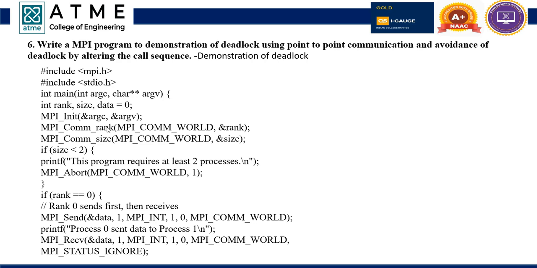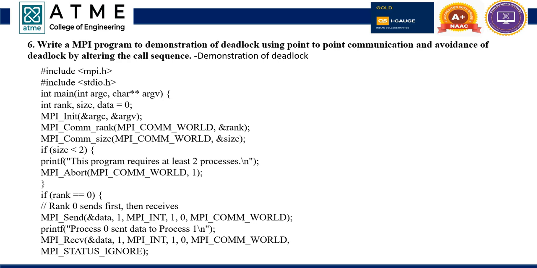Get the communication rank, that is the rank ID for the current process. Here, the communicator size gets the total number of processes. So now when we use this size we get the total number of processes.